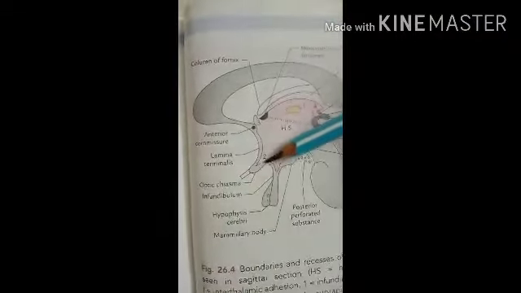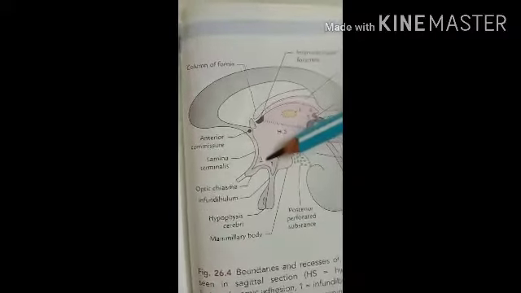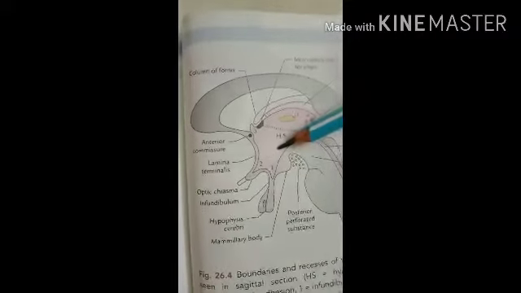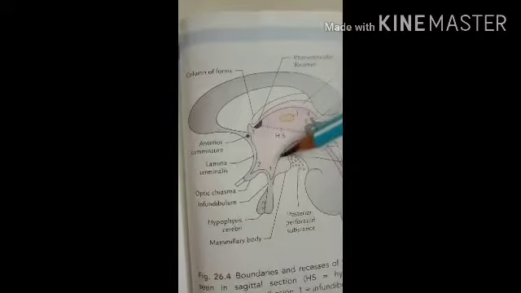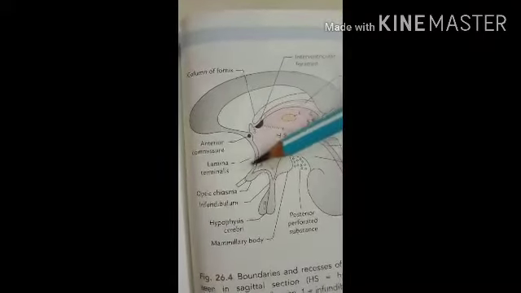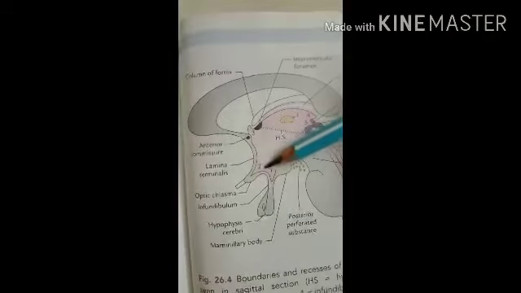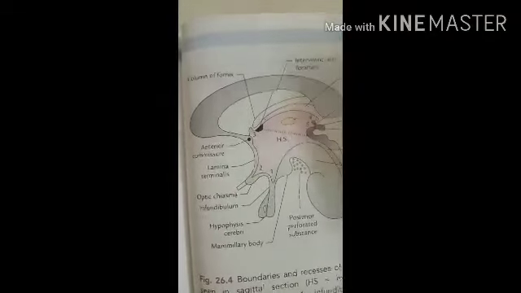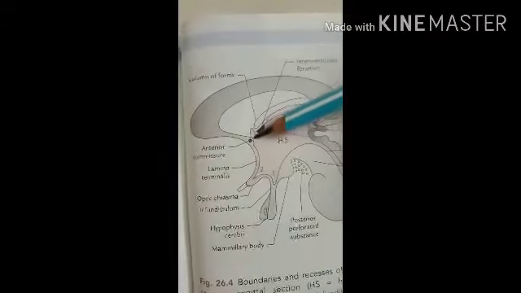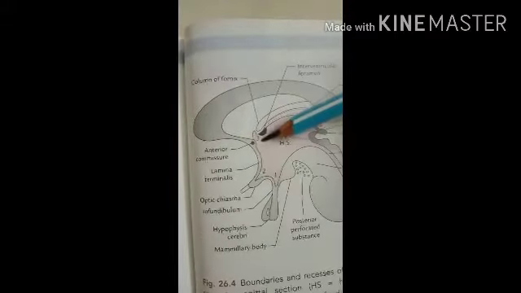Then the second one is the optic recess. It is the angular recess situated at the junction of the anterior wall and the floor of the ventricle, just above the optic chiasma. Then the anterior recess.